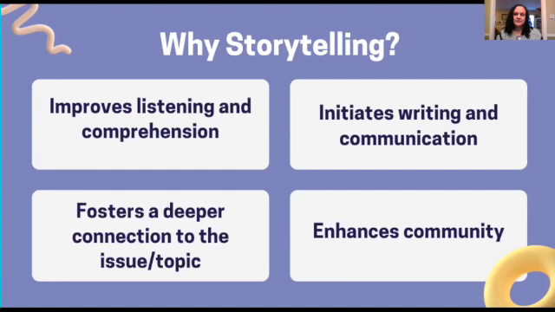So it's a way to make things a bit more meaningful. And also a way to enhance community. People like to be seen and heard and acknowledged. And if we have a better understanding of the people that we go to school with and the people that we work with on a regular basis, we can have a more enhanced sense of community. So there are a lot of good reasons why we would use this in the classroom.